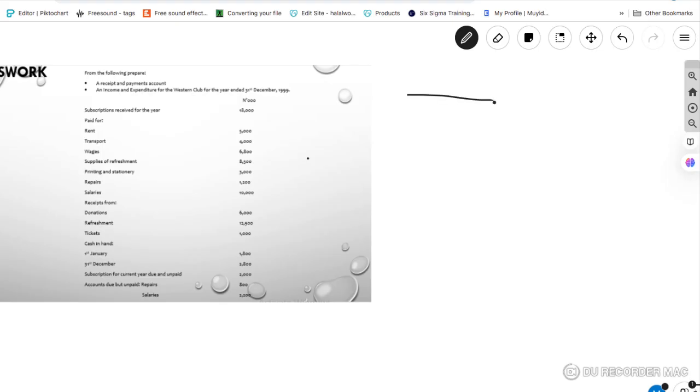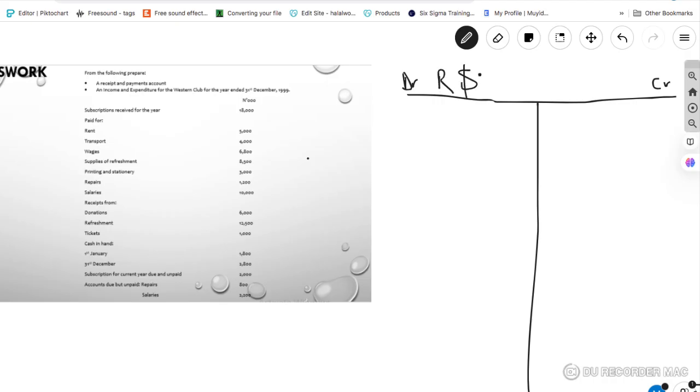So I'm going to be drawing my table here. This is our debit side and this is our credit side. So we have receipt, and I'm going to be using abbreviation, receipt and payment account.